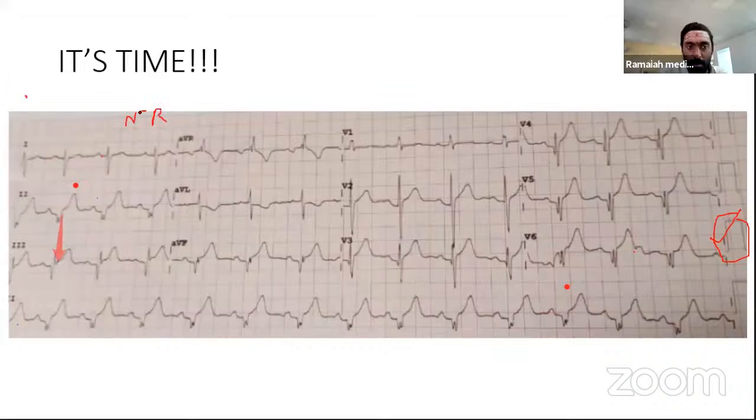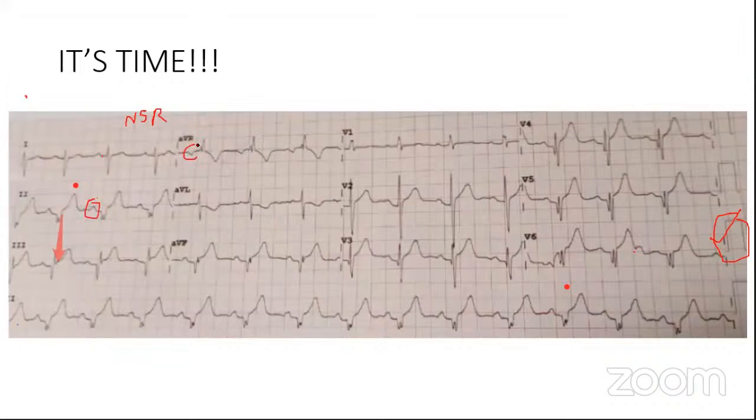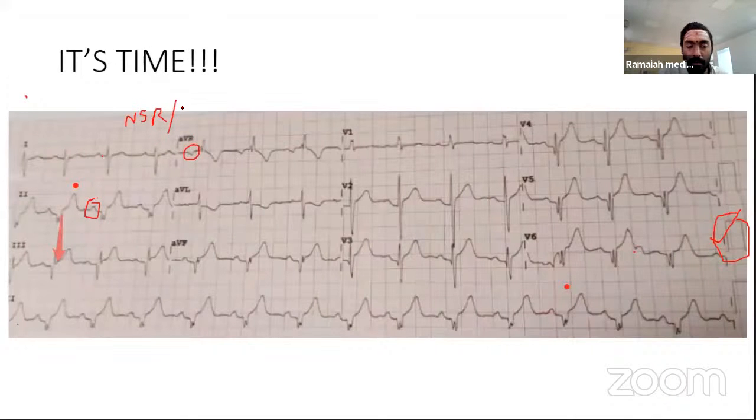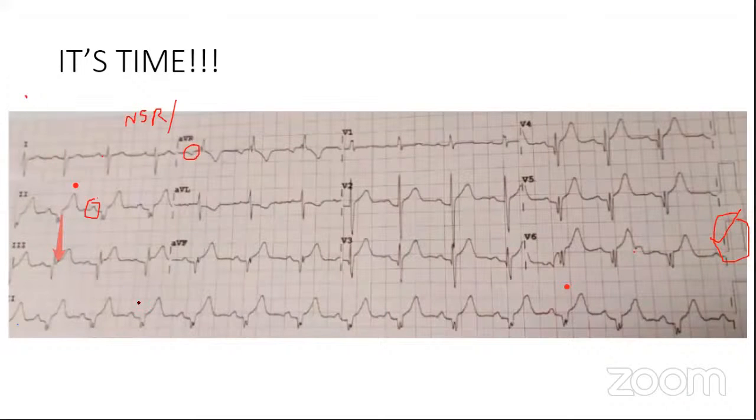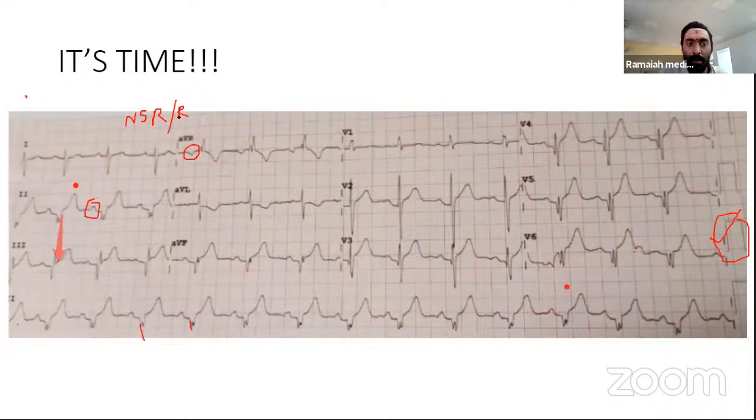Good. Regular, irregular? It's regular, sir. Correct. So normal sinus rhythm, regular. Once it's regular, you can start with the heart rate. So what would be the approximate heart rate now?